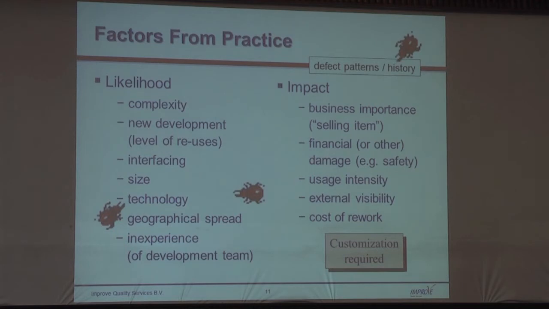Sometimes it's important because it's strongly related to the primary process of the organization. Or it's a selling item, a new product. Large marketing campaign we're doing from TomTom, and this is a new feature. Well, probably a good idea to test it as well then. So there are factors for likelihood and factors for impact that help you to answer the question, what's the likelihood, what's the impact, in a much more objective way.